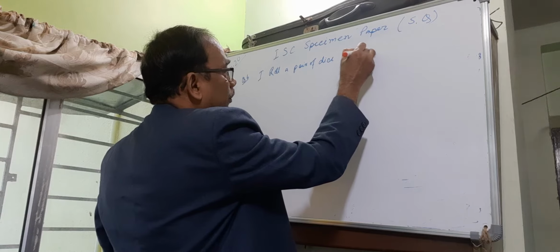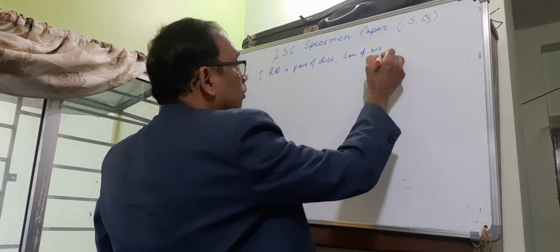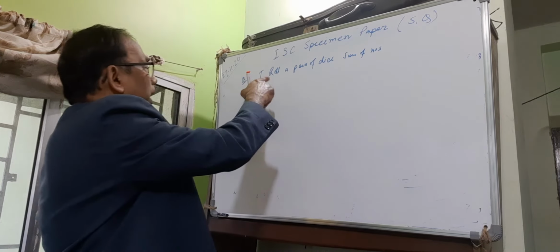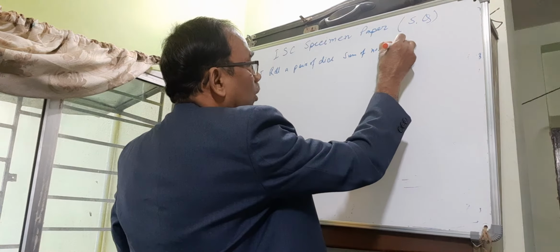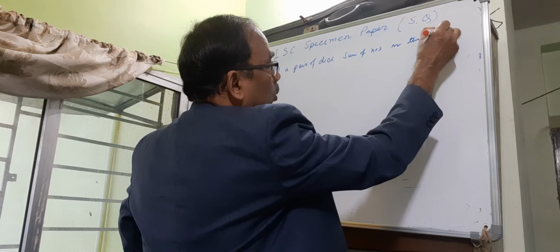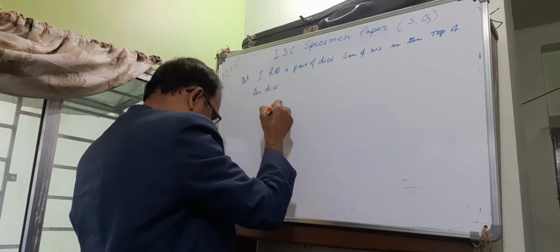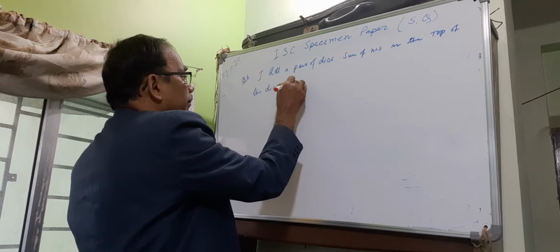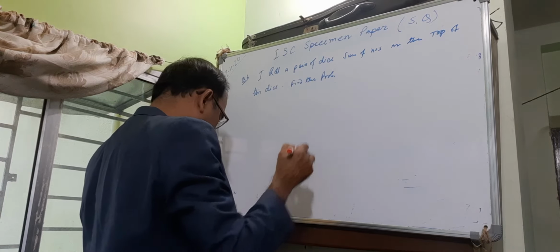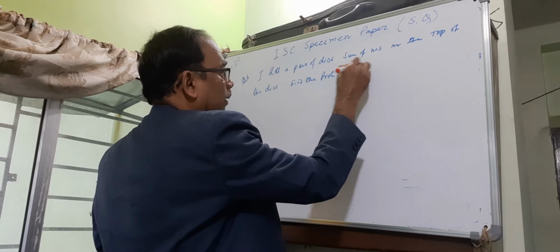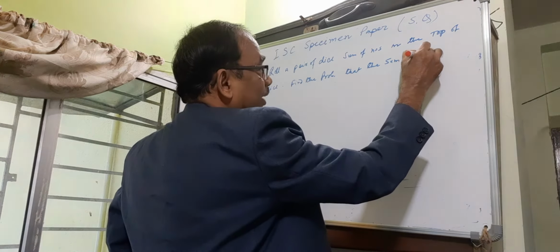The sum of the numbers on the top of these dice, find the probability that the sum is at least 10.